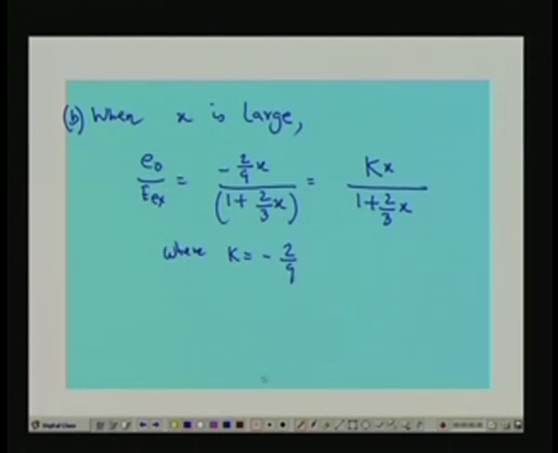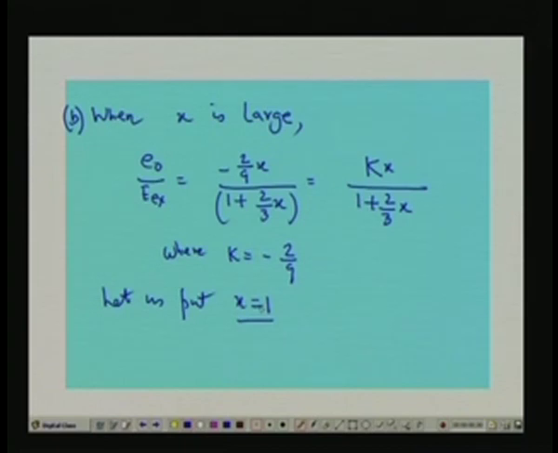Now, let us put, for an example, x equal to 1, which is large compared to x less than 0.1. Usually we have taken x equal to 1, that means x is quite large compared to x less than 0.1.